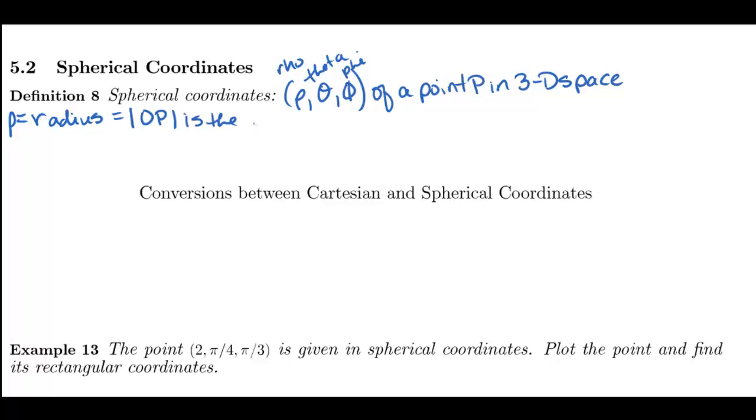So it is the distance from the origin to the point P.